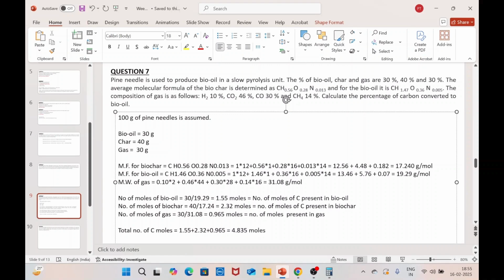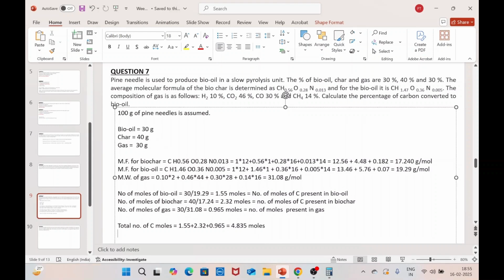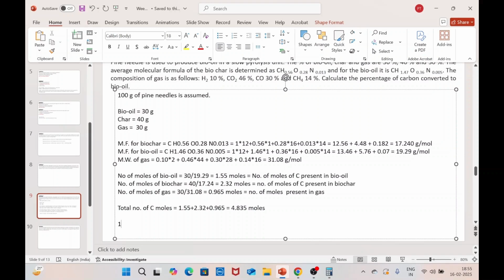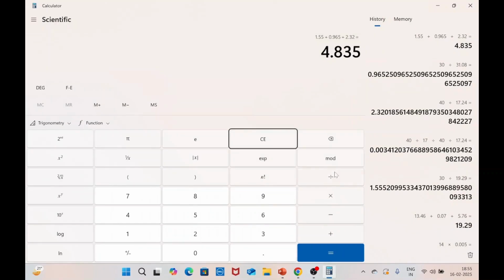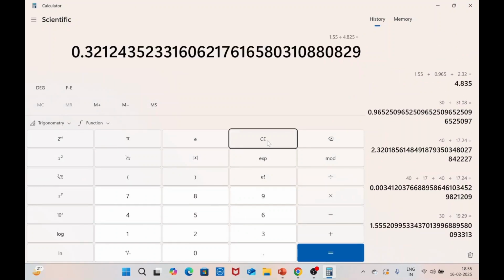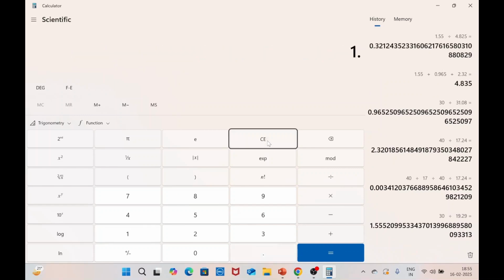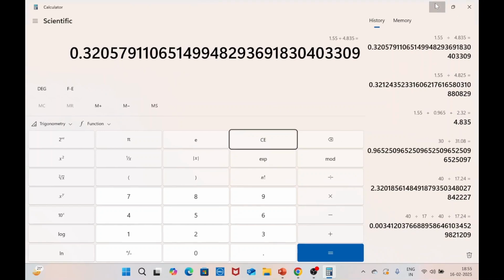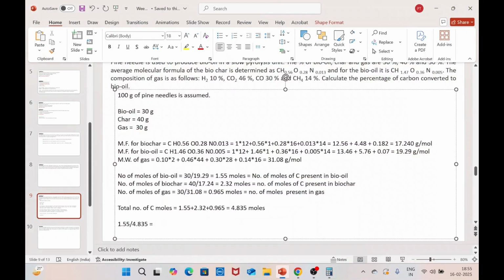So you need to see the percentage of carbon only in bio oil. Bio oil is 1.55, right? So 1.55 by 4.835 is 0.32, or 32.05 percent carbon converted to bio oil.